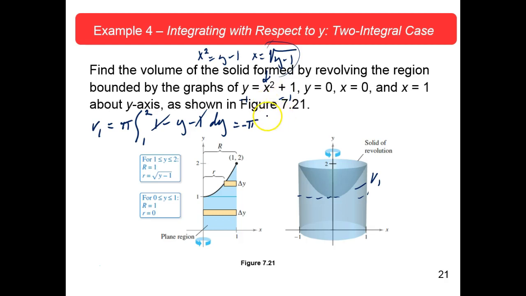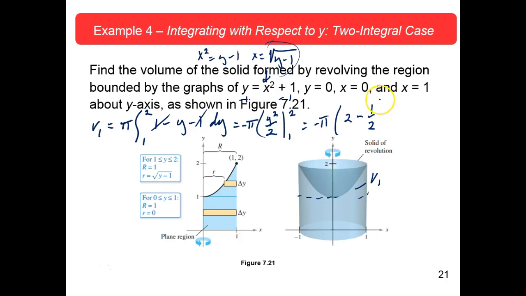Antiderivative of y. Y squared over 2, evaluated from 1 to 2. Okay? That'll be a minus pi times 2 minus 1/2.